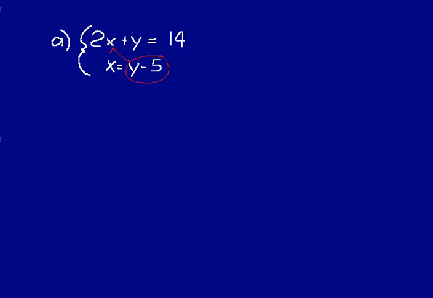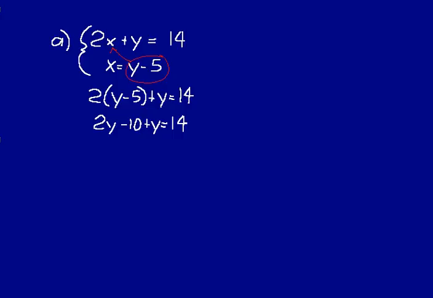So we'll say 2, and you need to use parentheses, times y minus 5, plus y is equal to 14. Now we can expand that: 2 times y is 2y, plus 2 times negative 5 is negative 10, plus y equals 14.